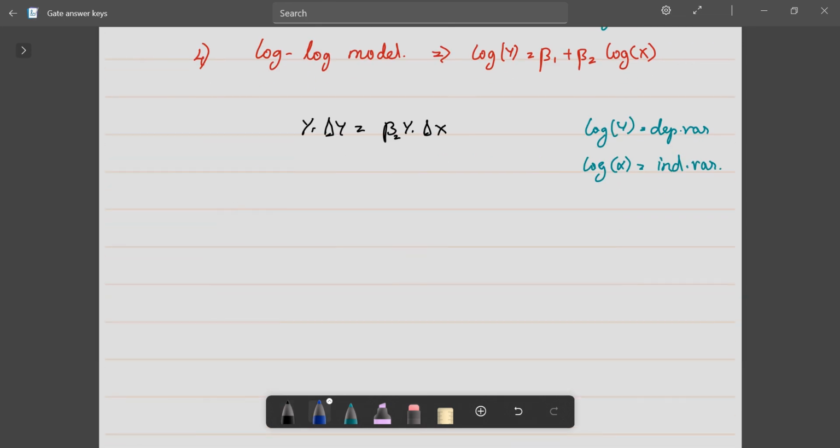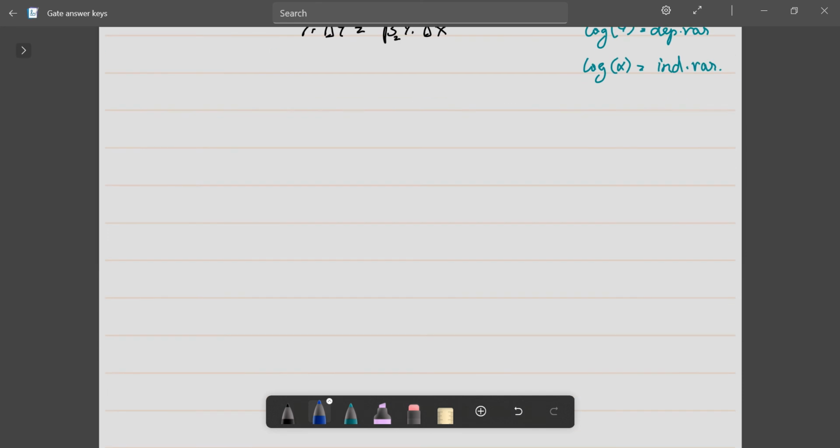So I will write the summary here once again. Linear model. Next we have seen log linear model, linear log model, and double log model.